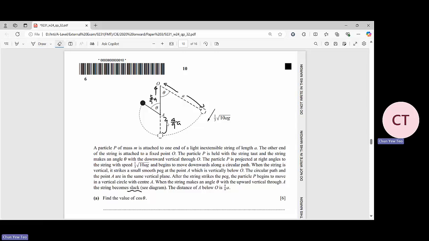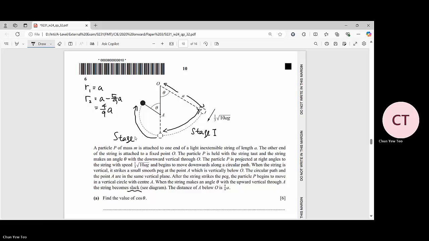One is a bigger circle. The radius is a. So R is equal to a. R2 is actually a minus 5 over 9a, which is equal to 4 over 9a. So you have a different radius. I call this stage 1, and the motion here I call stage 2.